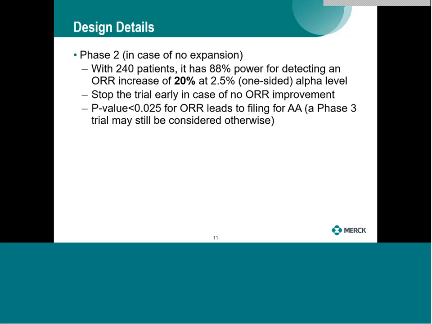And a p-value for ORR less than 0.025 will lead to a filing for accelerated approval. But in case of no expansion to phase 3, if the p-value didn't meet this bar but the totality of data is still positive, a separate phase 3 trial may be considered, which basically gets the program back to the conventional approach.